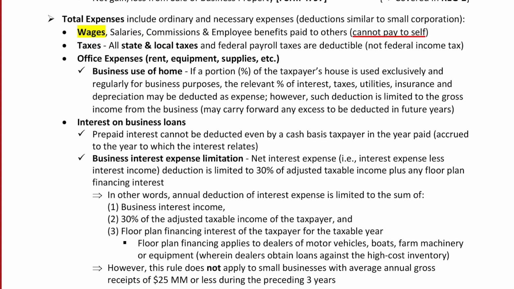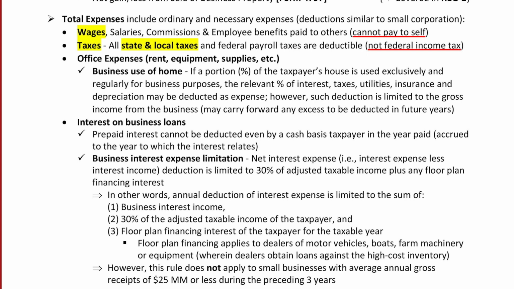So the sole proprietor cannot pay salaries to himself and deduct on Schedule C. That's not allowed. Next one, highlight, taxes. So these are all the business, highlight, state and local taxes paid. And of course, it's not, underline, federal income tax.